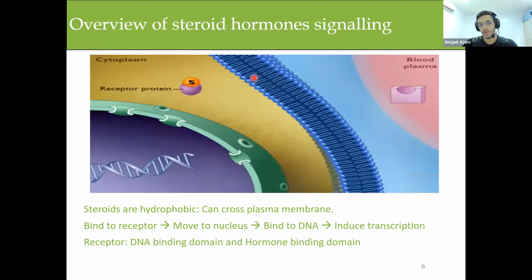Once they reach the cell, let me orient you here. So this is the blood, this is the plasma membrane, this is the cytoplasm of the cell, and this is the nucleus. Let's say the steroid hormone reached the cell. Because it is a steroid hormone, it will penetrate the plasma membrane because it is hydrophobic.